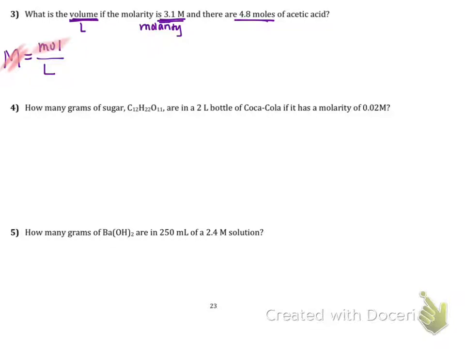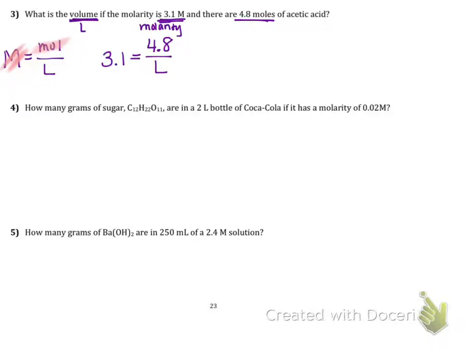So it's 3.1 equals 4.8 over liters, like this. Now, a lot of you guys want to do 3.1 times 4.8 and be done with it. But you can't do that because liters is on the bottom of the fraction.